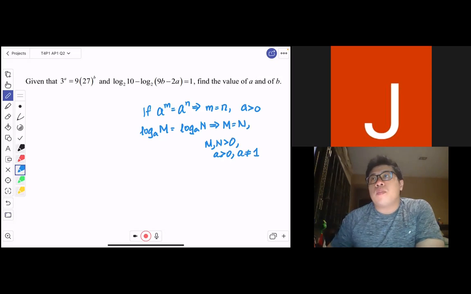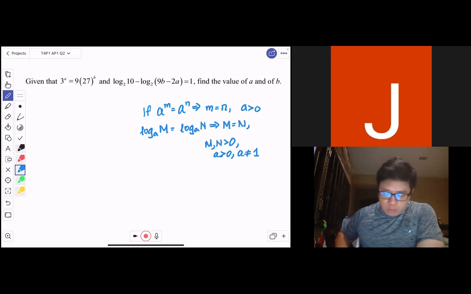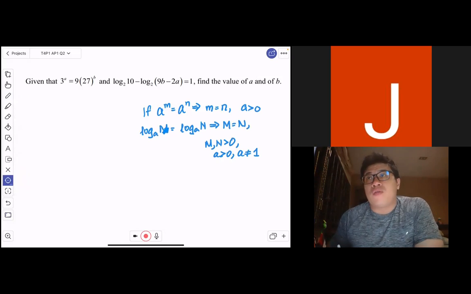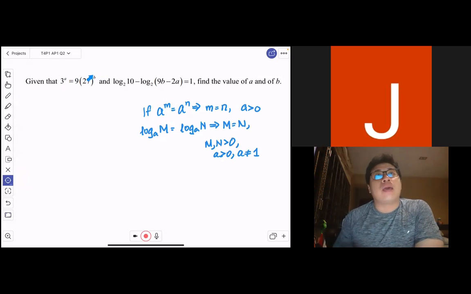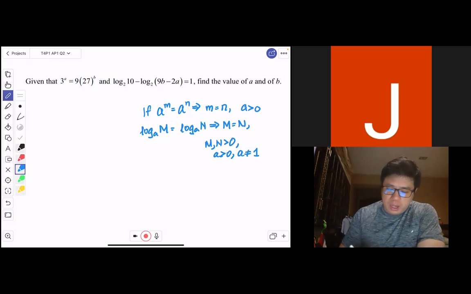These two ideas, one learned in topic 3 and one in topic 4, give us the ingredients to solve for unknown exponents or unknown powers which are hidden, like a and b here. With that, I'm going to go into the question.